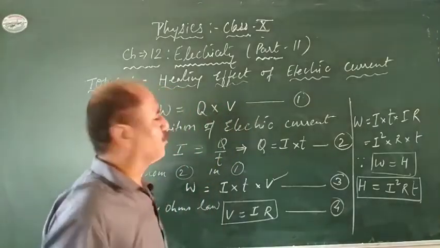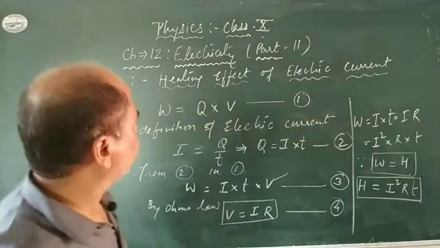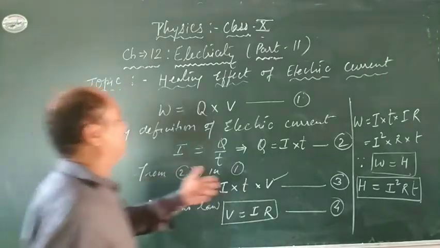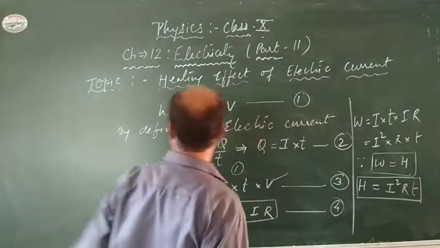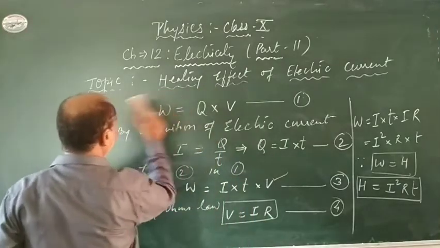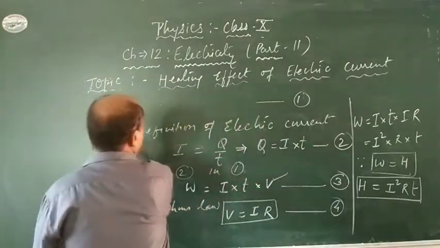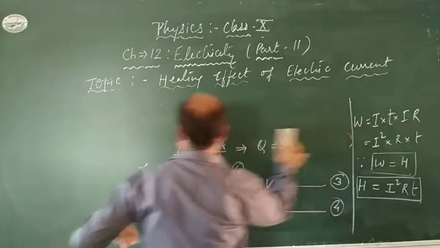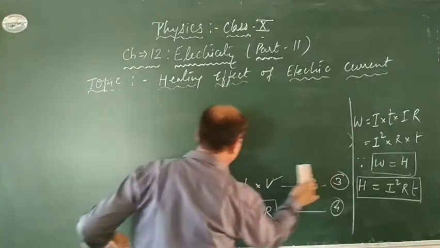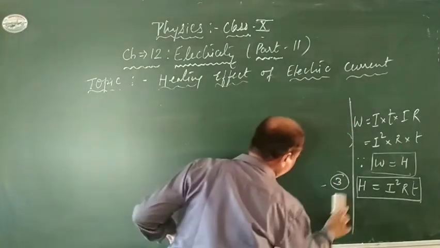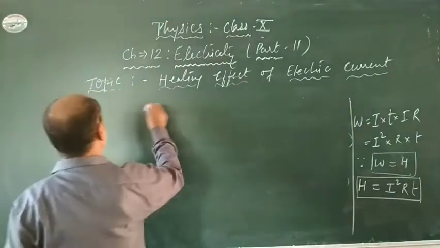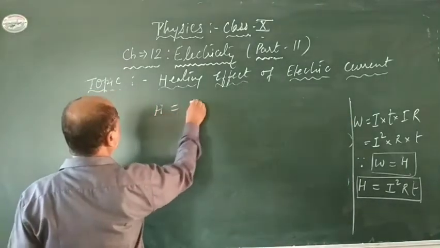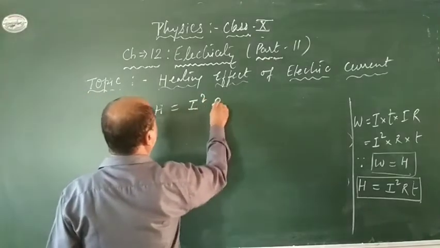So students, I want you to practice this, get this expression in your mind and go through simple problems. Now, one more thing I would like to express in the heating effect today, which is very important. What is the expression here? H is equals to I square RT.